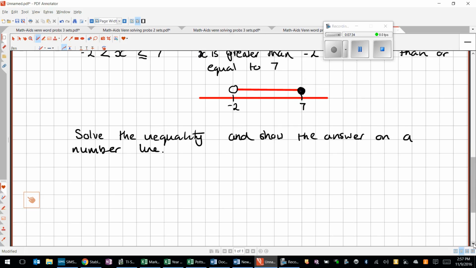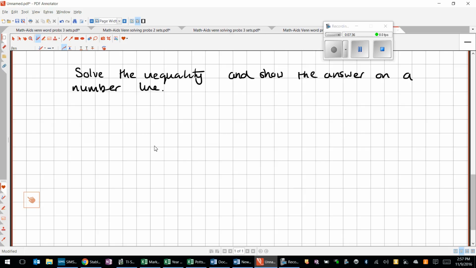Solve the inequality: 3x minus 4 equals 14. No, so I'm going to change that. Here's my tip for you. The equals isn't going to be equals. It's going to be one of these inequality signs.